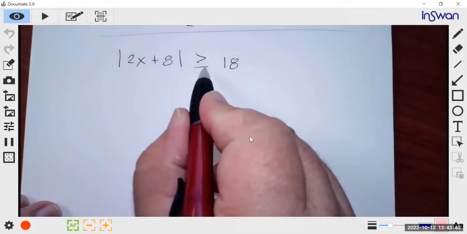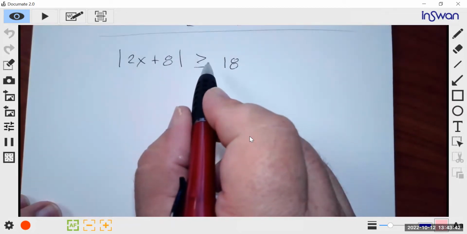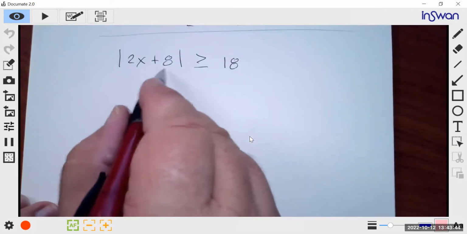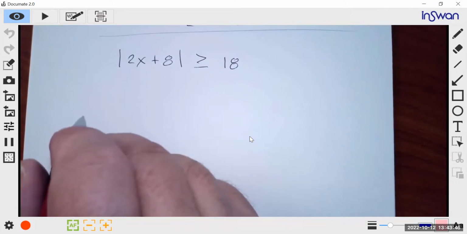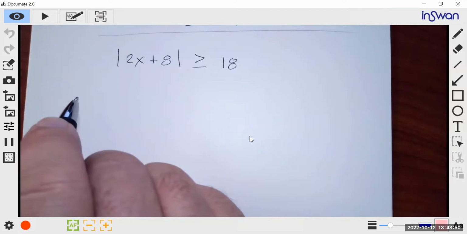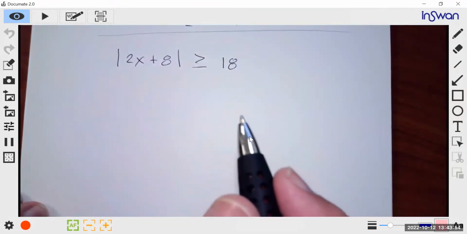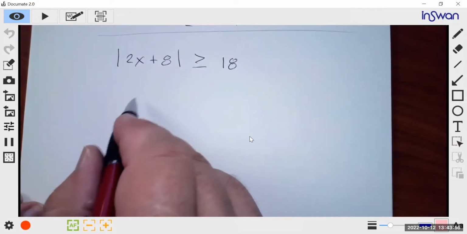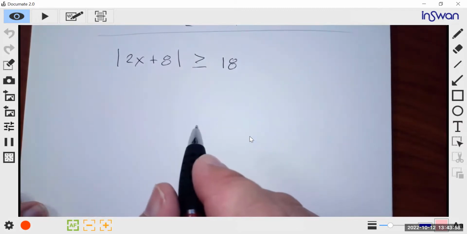All right, now it's greater than. So when I drop the absolute value, what happens to it? What's it going to look like? But now how is it going to be situated? Yes, it's always going to be positive and negative, but is it going to be negative 18 less than or equal to? Negative 18 is greater than.